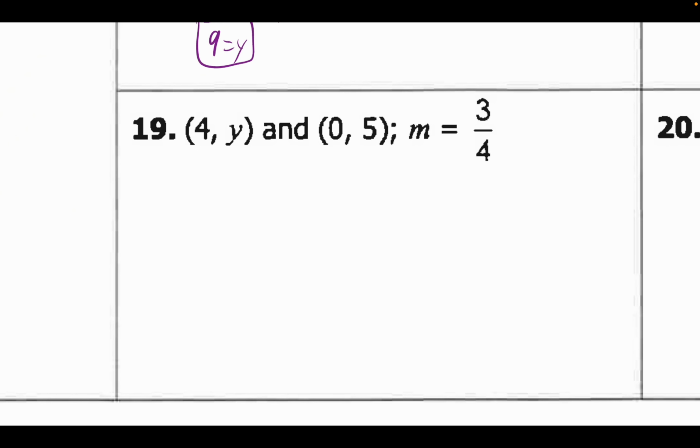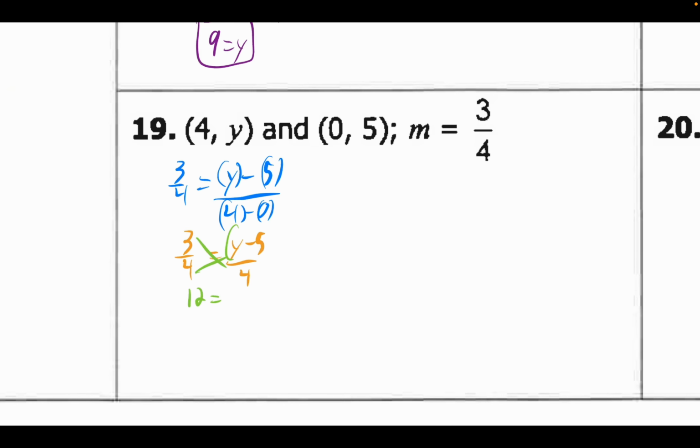Number 19 here, this would be 3/4 equals y minus 5 over 4 minus 0. So simplifying as much as we can, it's 3/4 equals y minus 5 over 4. As we cross multiply, we get 12 equals, distributing here, 4y minus 20.